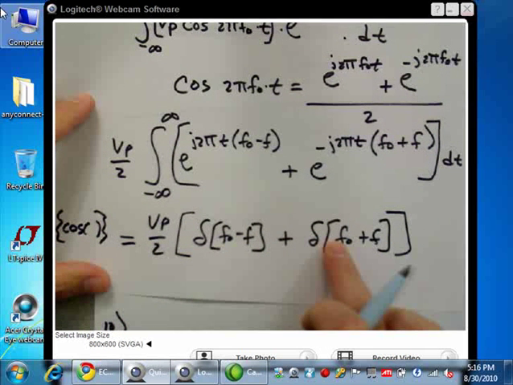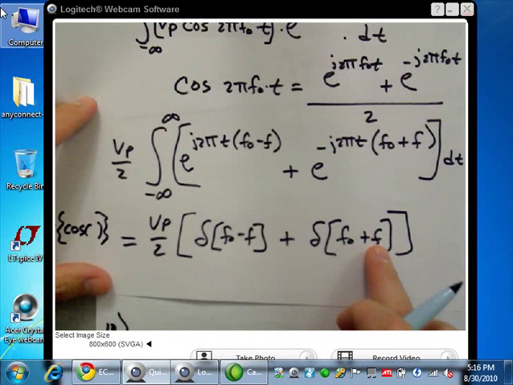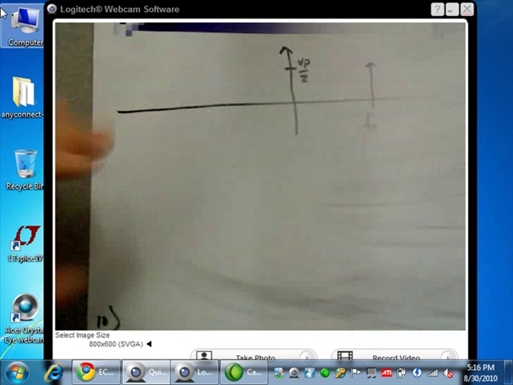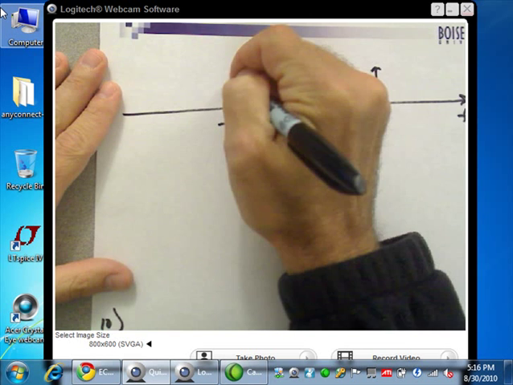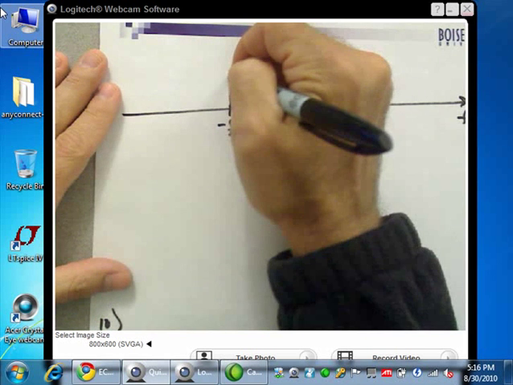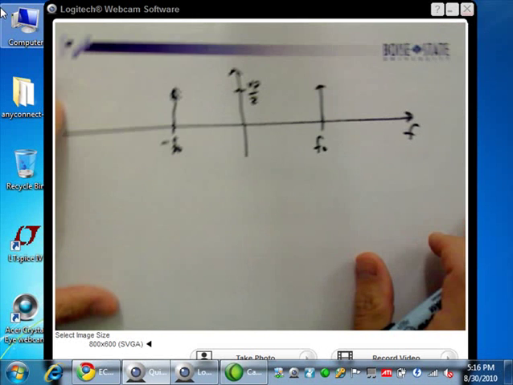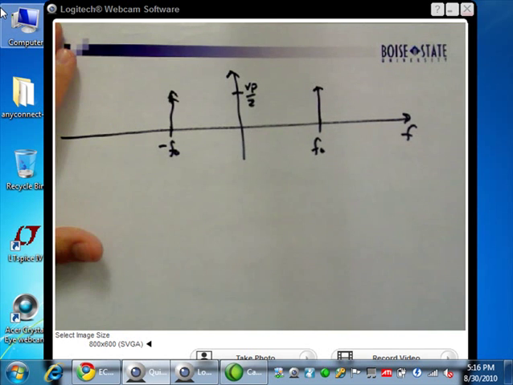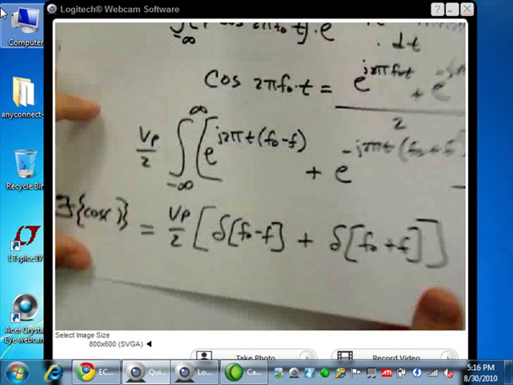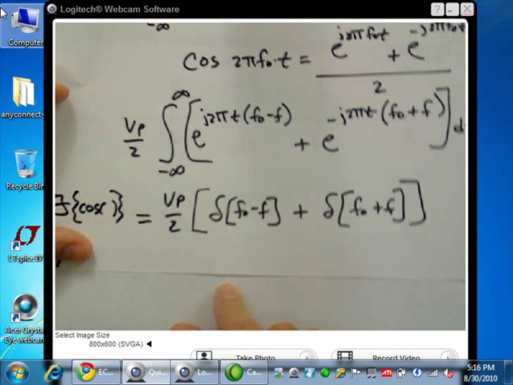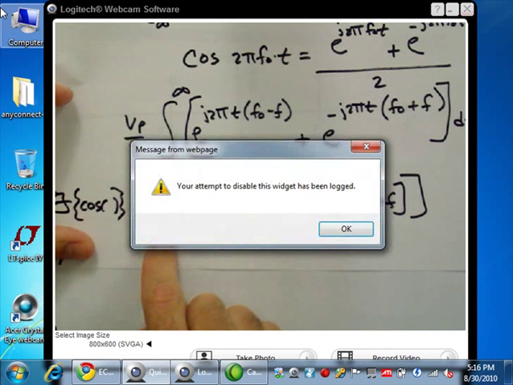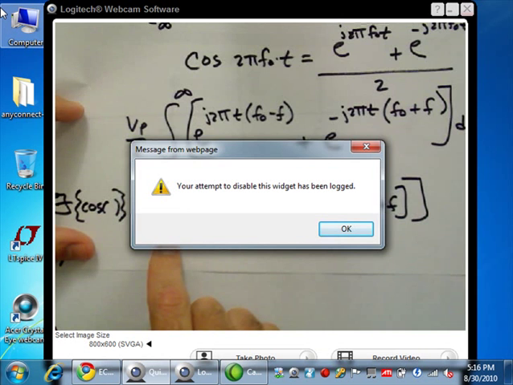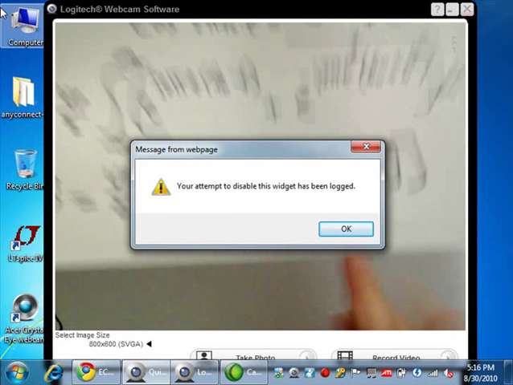The argument goes to 0 when f is equal to minus F0. And so that's supposed to be the same height. Now, this one's easy. What's the phase shift? If I were to ask, that's the magnitude. I can take the magnitude. That's easy. That's this. What's the phase shift?